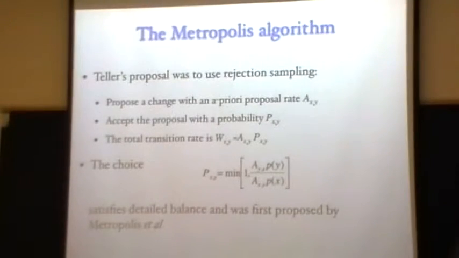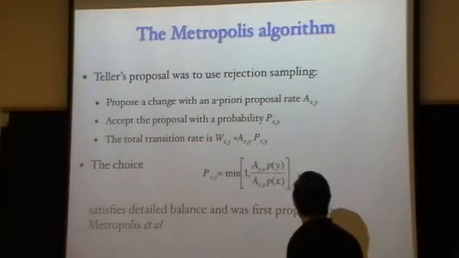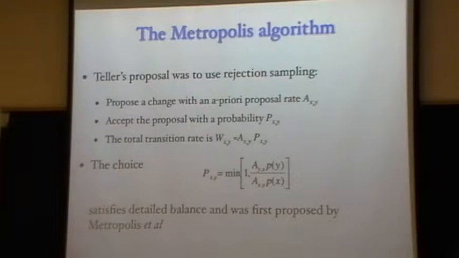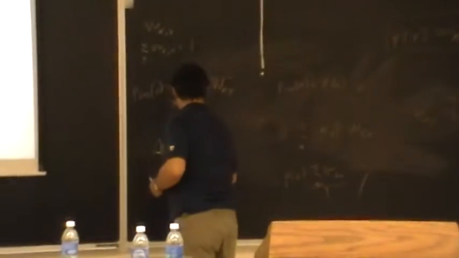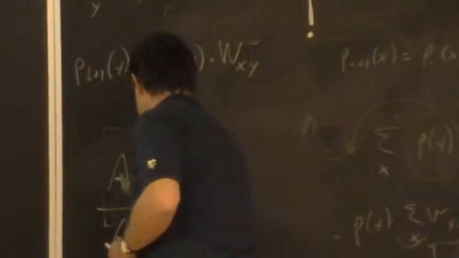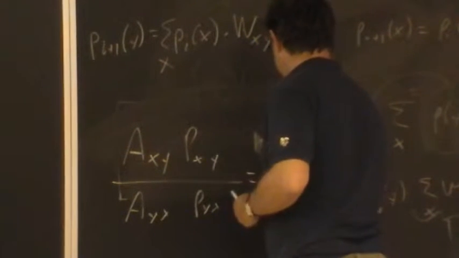Now the question is, how do I choose that P_xy so that I get the right distribution? I need to choose it in such a way that detailed balance is satisfied. We write W_xy as this product of A_xy and P_xy. And so what we need to satisfy in the end is that A_xy times P_xy divided by A_yx times P_yx is the probability P of y divided by P of x.